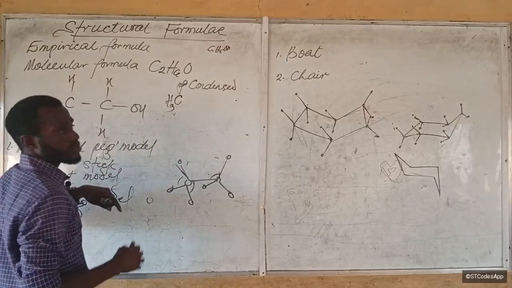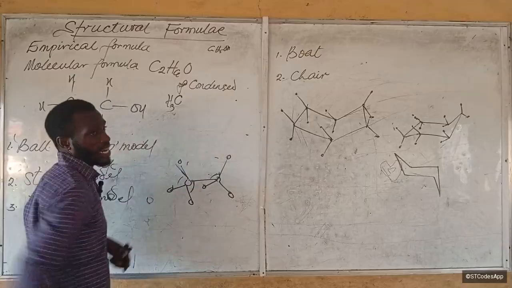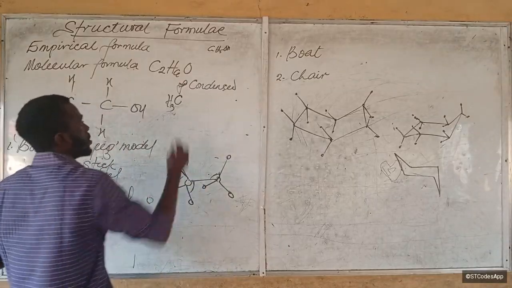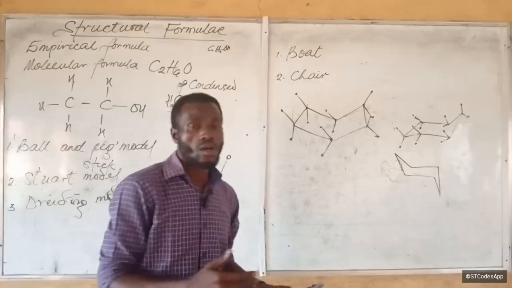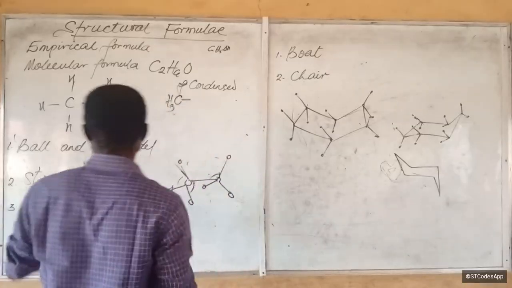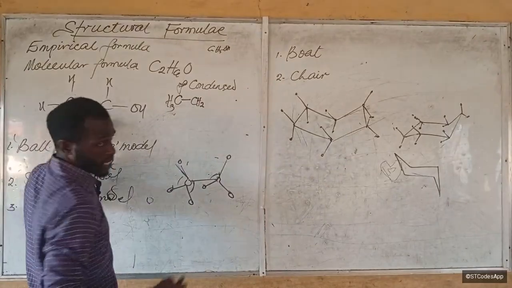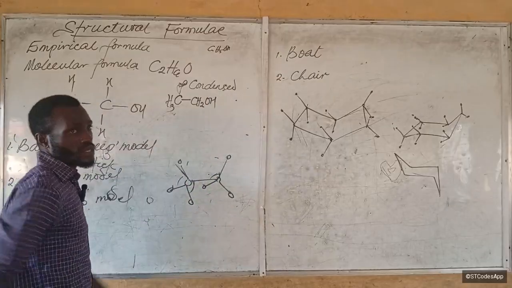CH3. You can put your H3 in front too, only that I like to draw it in such a way that my bond will proceed from C. Sometimes the condensed formula might show the bond, other times it might not. So C here, we have H2, does that make sense? Then we have OH.